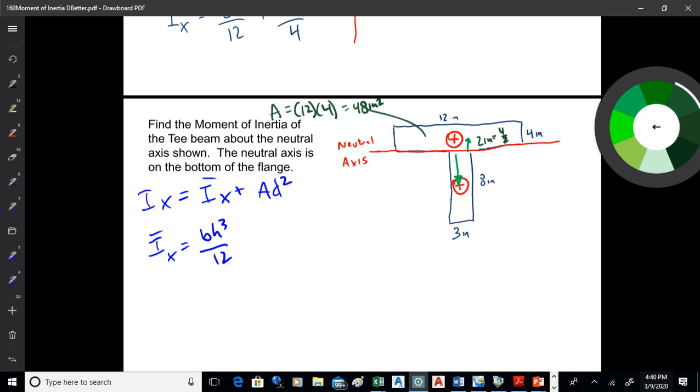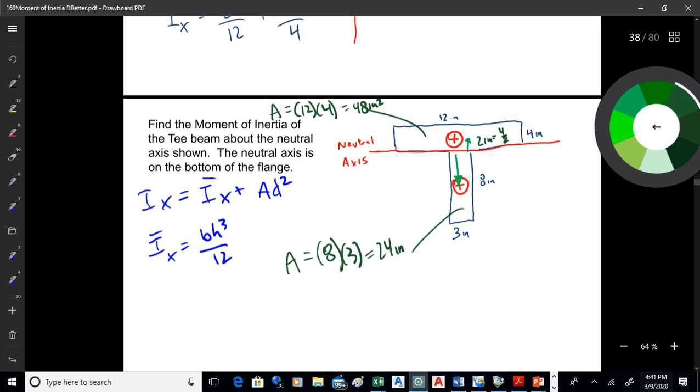Get the area and the distance for the bottom one. You get everything?